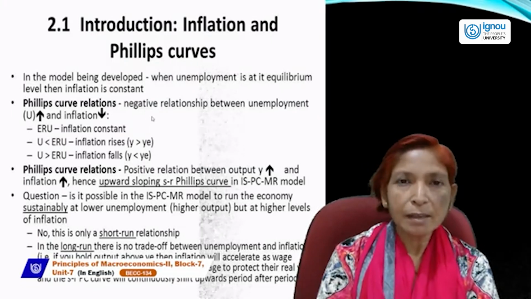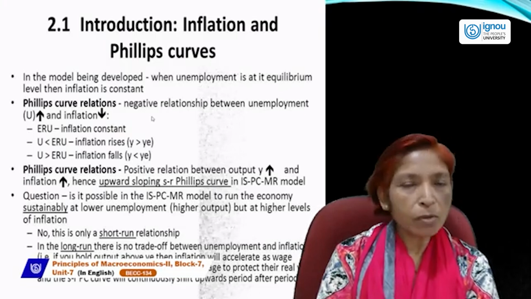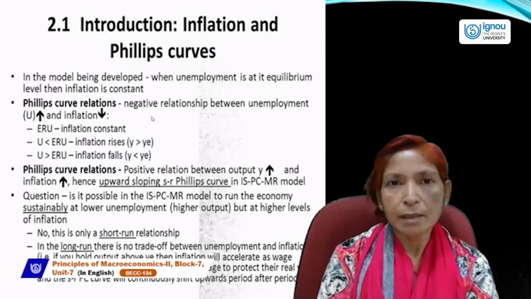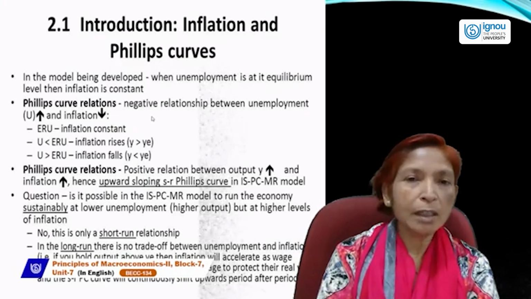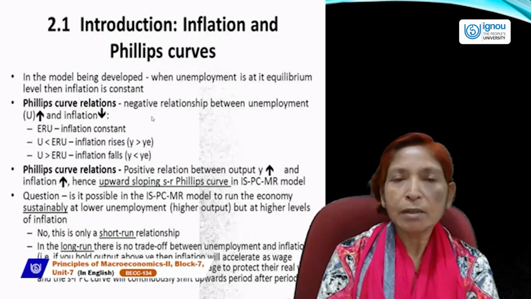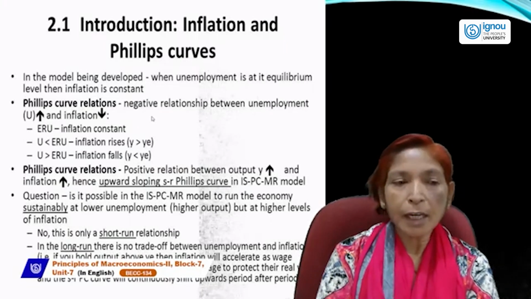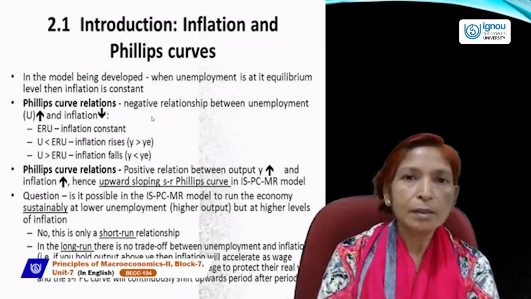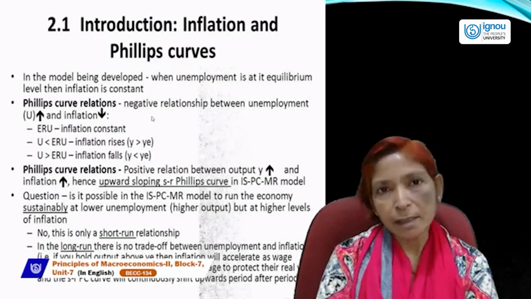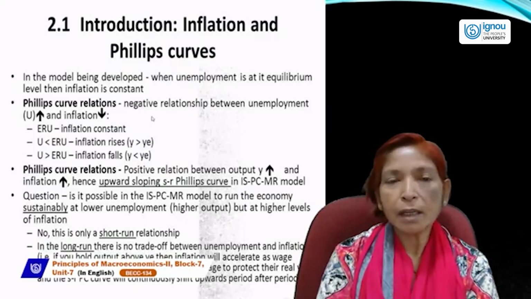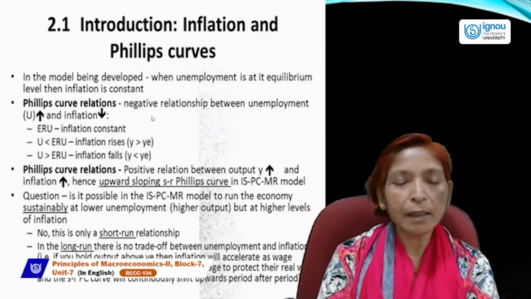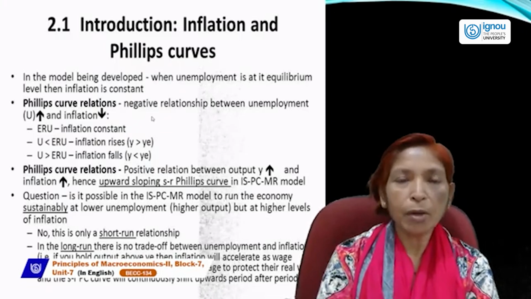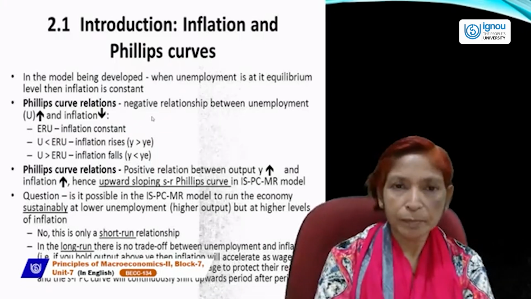In that case, inflation reduces unemployment. So if inflation increases, unemployment falls. And if inflation falls, unemployment increases. So there is an inverse and indirect relationship between unemployment and inflation.